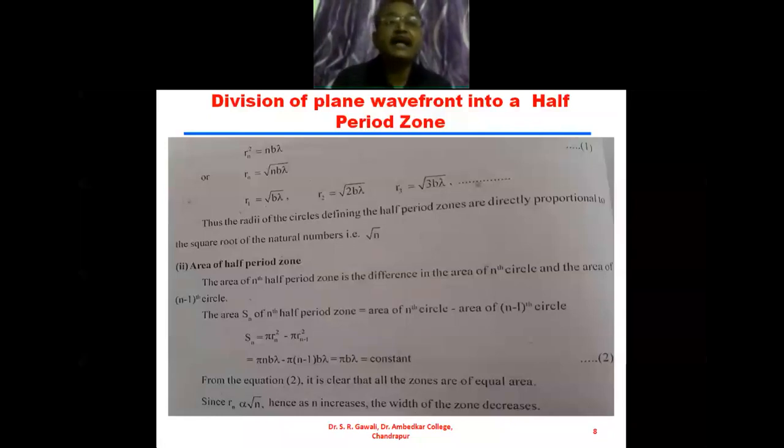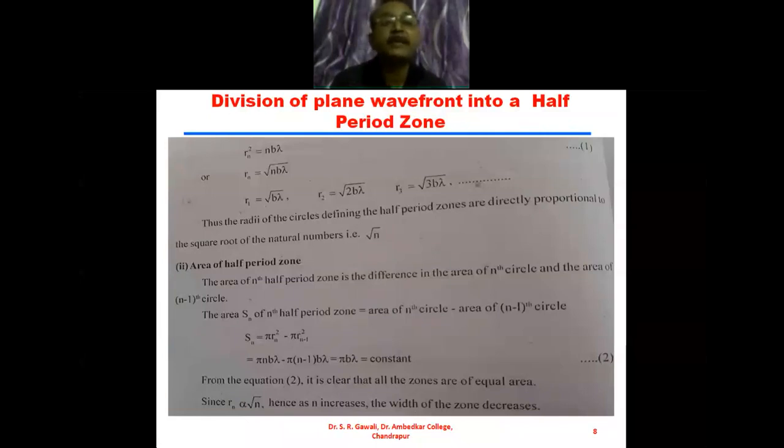So the radii of the circles defining the half period zones are directly proportional to the square root of natural numbers. Then after this we will obtain the area of the half period zone. Area of each half period zone we have to find here. Sometimes the question may be asked: obtain the area of the half period zone and show that it is constant.